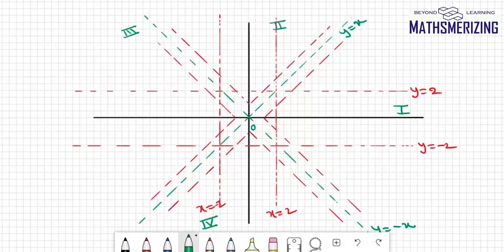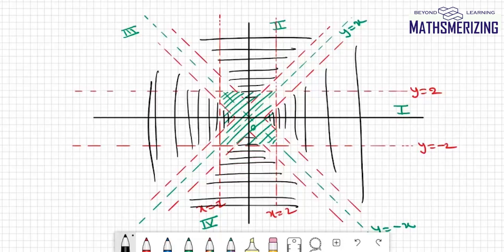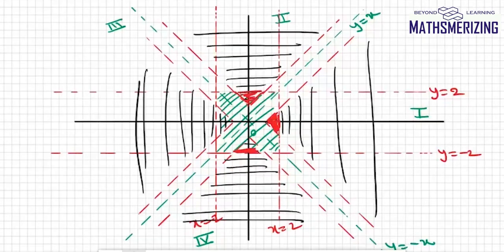So we need to find the area bounded by the given two curves. Now the area bounded by the first curve is the area within this square, and the area bounded by the second curve is this area. So the area which is common to both is the area which I have drawn in red.